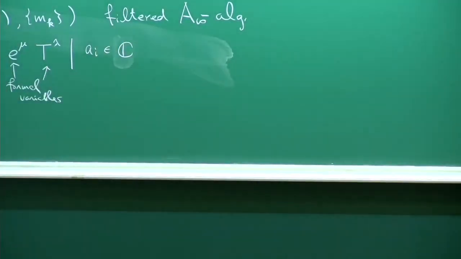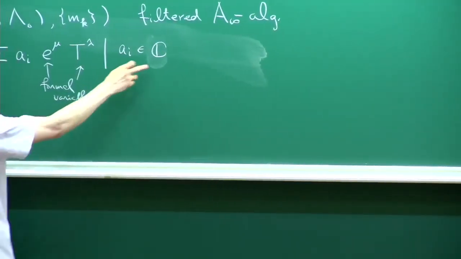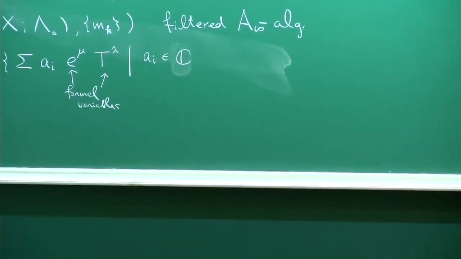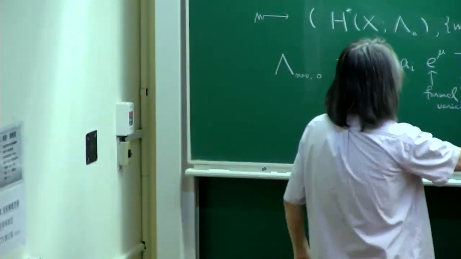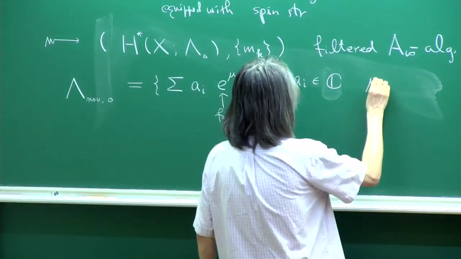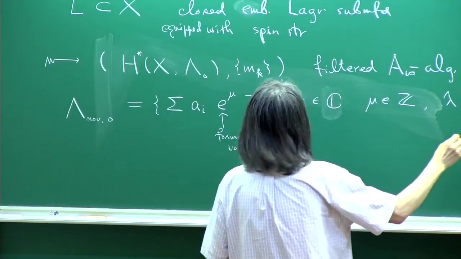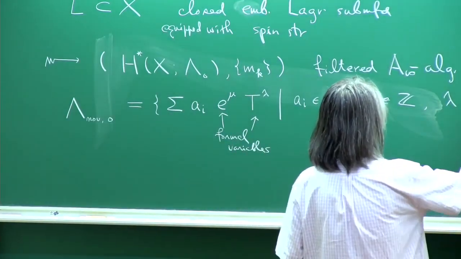In general, we can consider the coefficient ring as an algebra over a field of characteristic 0. Anyway, today I only consider complex numbers, with mu_i an integer and lambda_i a real number.